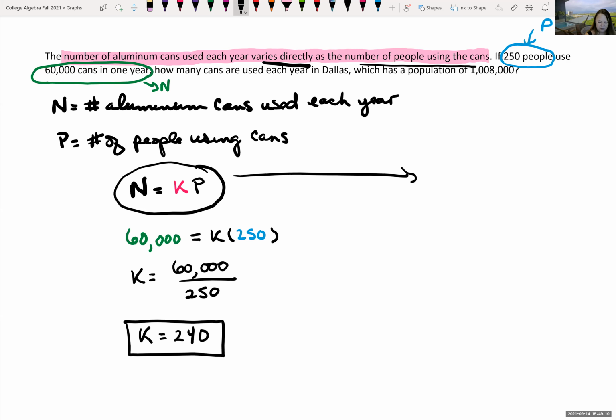So now we can set up our equation to answer any question about the number of cans used in the year. So we have N is equal to K, which is 240, times the number of people, P. So we want to know how many cans are used in Dallas each year. So we get N is equal to our 240. And it told us that Dallas has a population of 1,008,000.